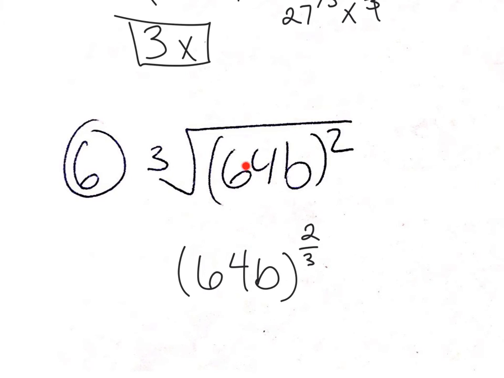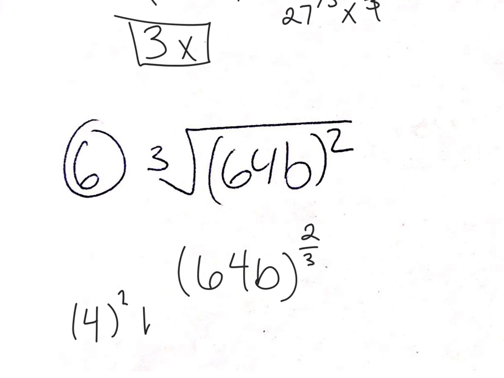So the cube root of 64 is going to be 4, but it's still squared. So the 4 would come out, but it's still squared, and 4 squared is 16.